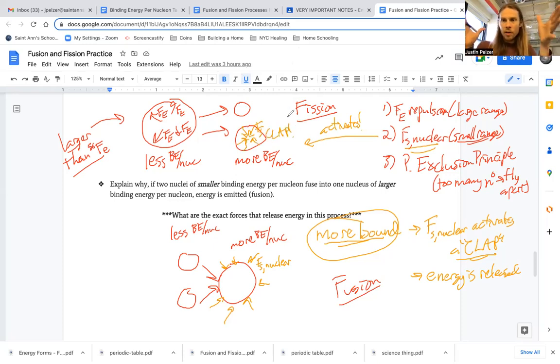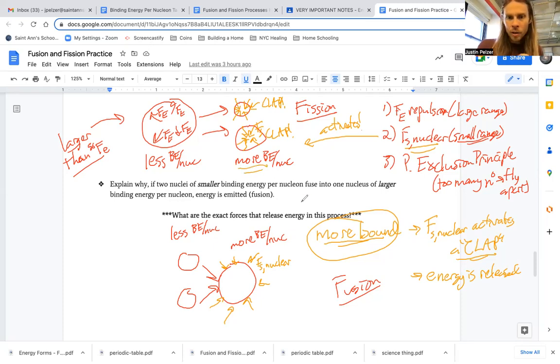Right? Clap your hands. Like the electric repulsion here was pushing this big nucleus apart. When it splits into two smaller ones, it's like Wile E. Coyote, like, I got nothing keeping me up. And it just, boom, they clap together. These two smaller ones clap together with a huge amount of force. Boom, and that's the energy release.